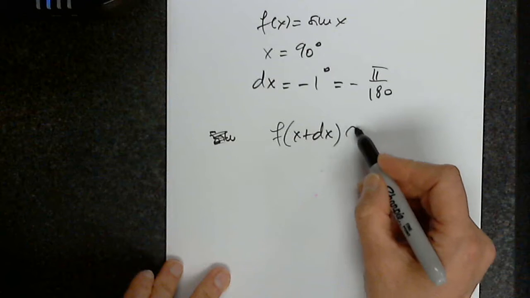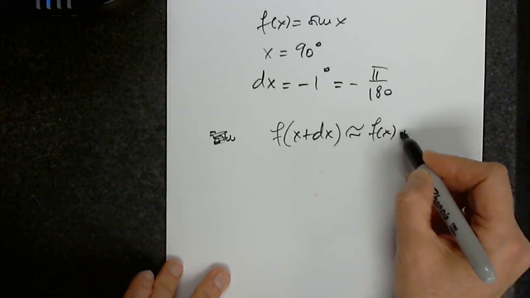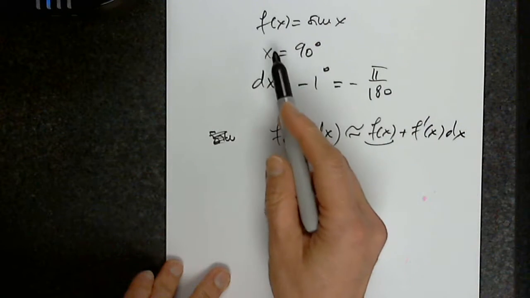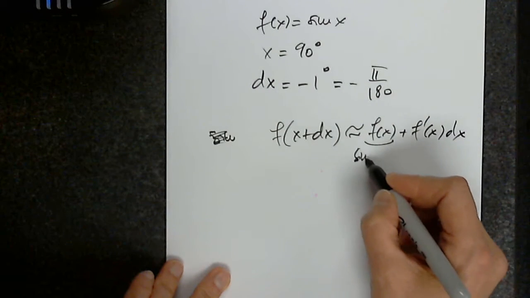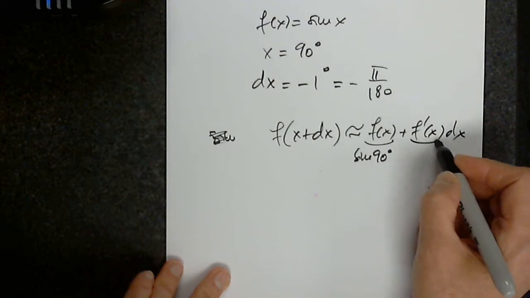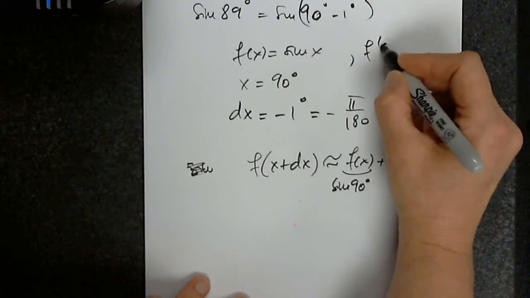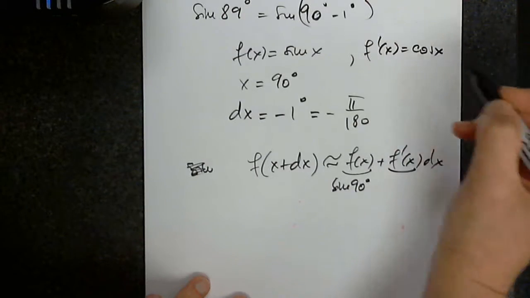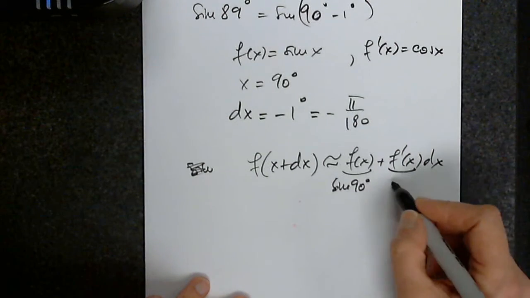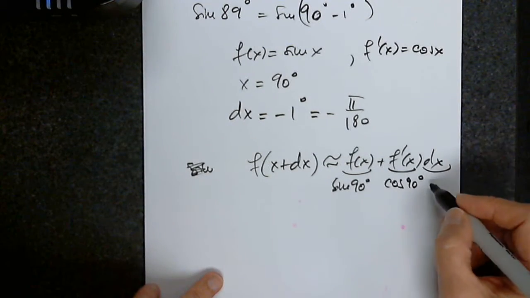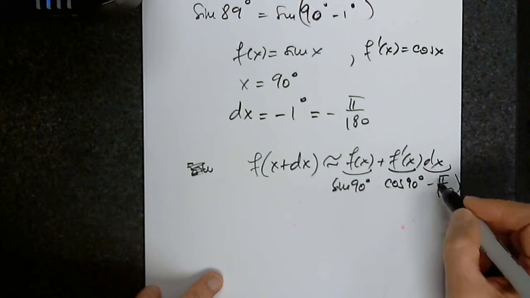So this is approximately f of x plus f prime of x dx. So this is sine 90 degrees. Let me write also f prime: negative cosine. So it's just positive. Yes, I got the anti-derivative, cosine. And this is negative pi over 180.